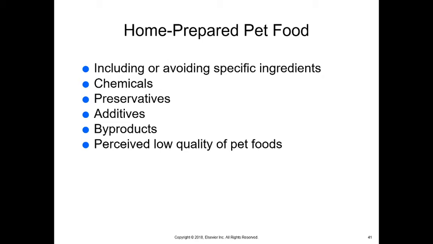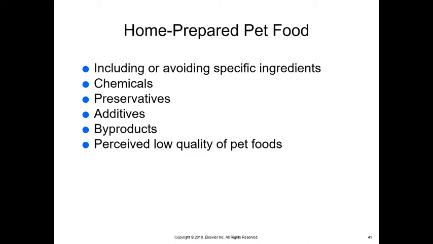Now, a home-prepared pet food. This may be something that you want to suggest to a client who is trying to include specific ingredients that they can't find in a manufactured food, or they want to avoid specific ingredients because of the health of their pet.